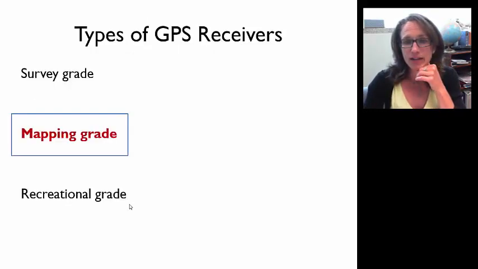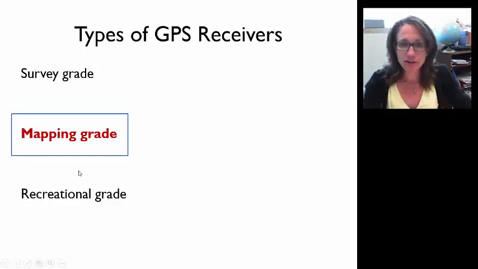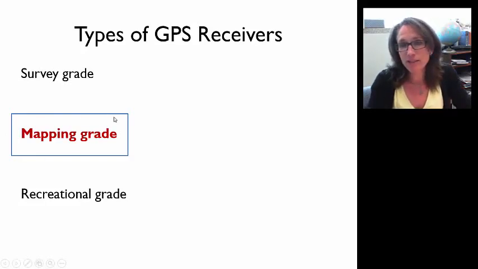And then generally we can classify these different units into big categories. Our recreational grade are our Garmins, Magellans, TomToms. Mapping grade are our handheld Trimble units, so they're a little higher accuracy, and this is what we have. That's why I've put a box around it. So the Trimble units you'll use this semester are mapping grade GPS receivers.